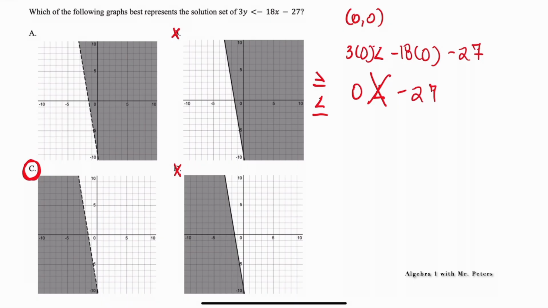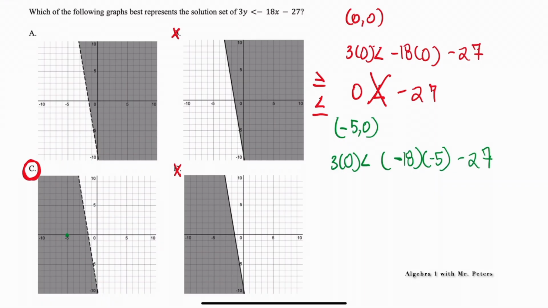And the way we're going to double check it is let's pick a point in the region and see if we get a true statement. So now the point that I have is negative 5, 0. So we have 3 times 0 is less than negative 18 times negative 5 minus 27.